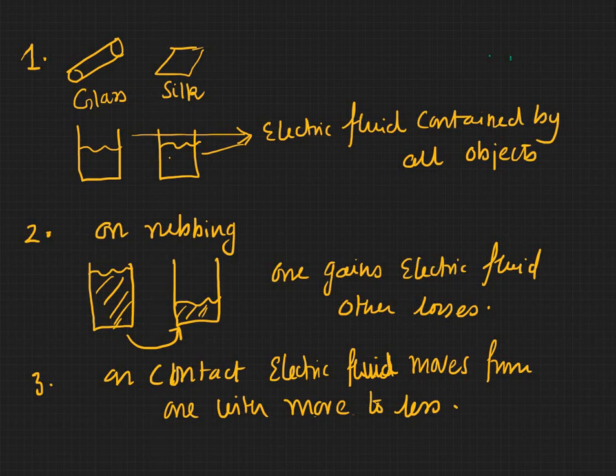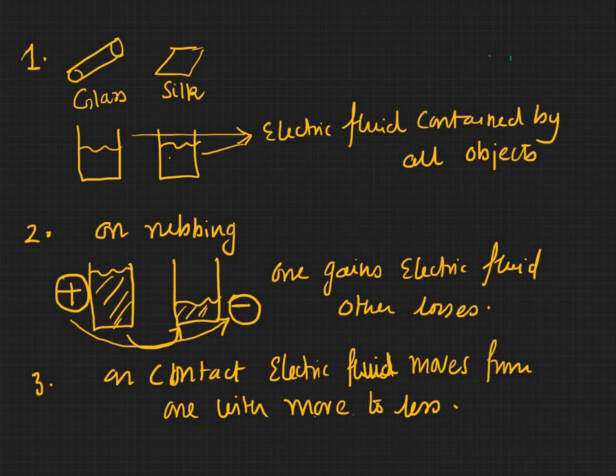So he imagined that the electric fluid moves from the one with more electric fluid to the one with less electric fluid. So he came up with this convention that the one with more electric fluid is plus, and the one with less electric fluid is minus. And he imagined that the fluid always moves from plus to minus.